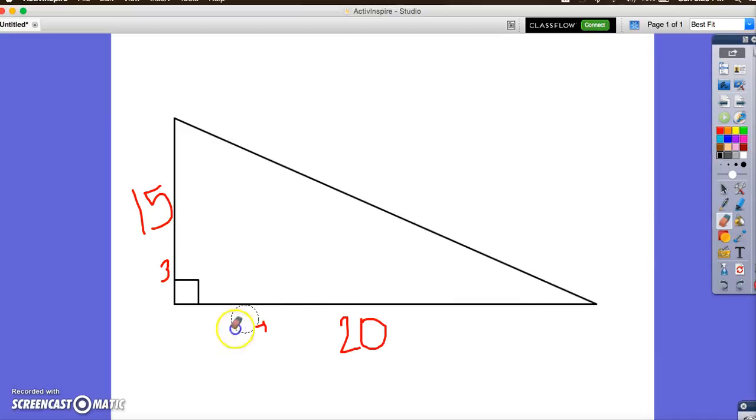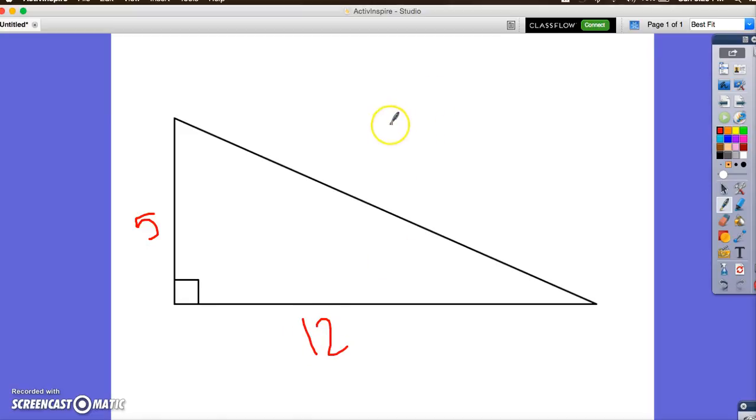The other most common Pythagorean triple that you need to learn, these are the only two that you need to learn and memorize and know how to find their dilations, is the 5, 12, 13. So those are the two that you need to have in your learning log. We're going to write those in there later.